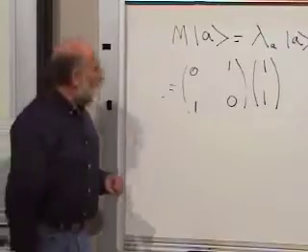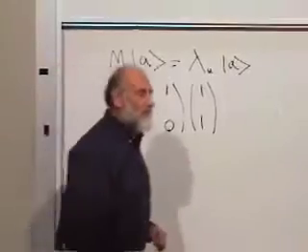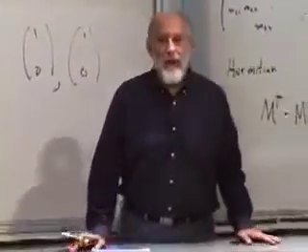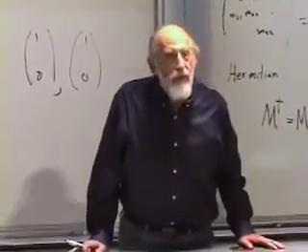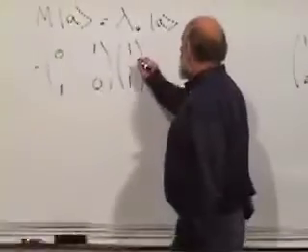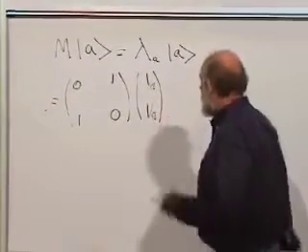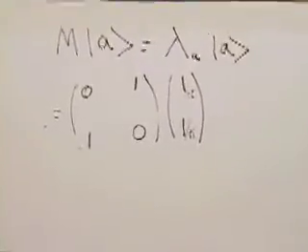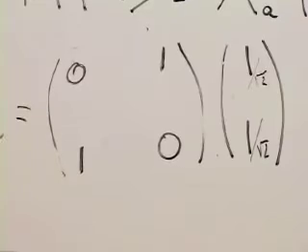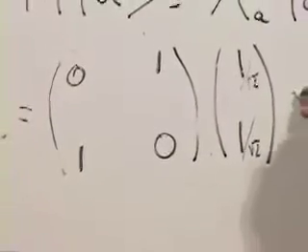It's too big. It's not normalized. 1 squared plus 1 squared is 2. But here's a statement. If a vector is an eigenvector, it doesn't matter what its normalization is. If you double it or triple it or anything else, it's still an eigenvector. But if you wanted to normalize it, you would write 1 over square root of 2, 1 over square root of 2. It doesn't really matter in checking whether it's an eigenvector or not, but let's normalize it.